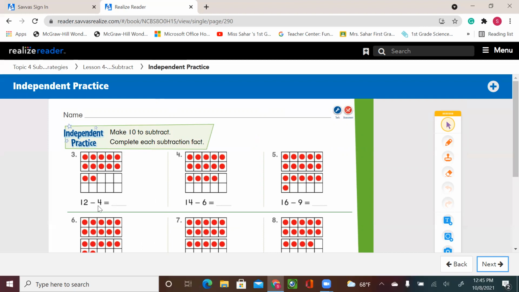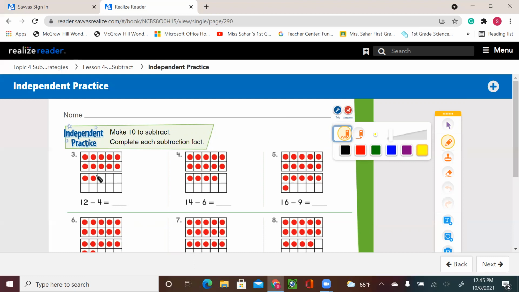12 take away 4. So I know this is the 12. I have 10 counters in the first frame and 2 in the second ten frame, first row. So we have total 12. Take away 4. First, I know what I did before. We need to make 10. So let's use yellow.